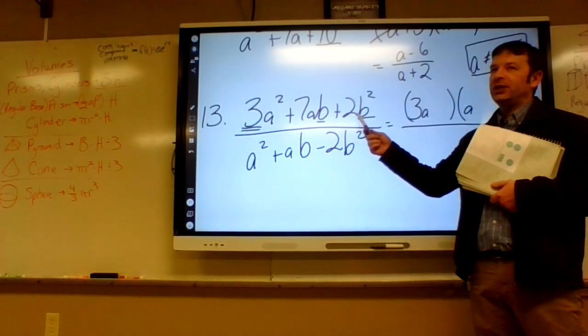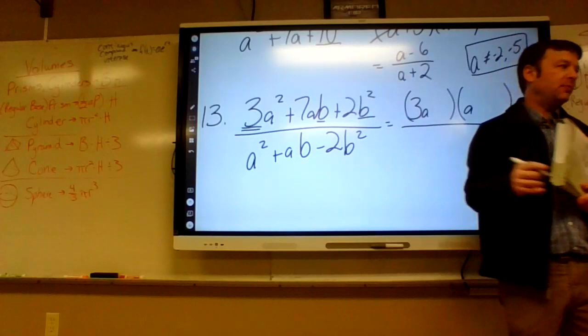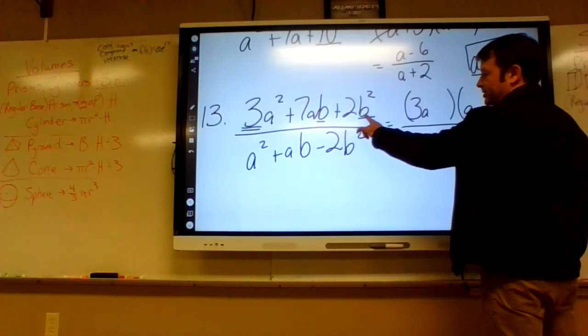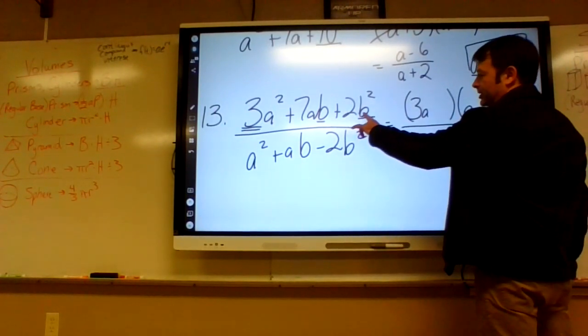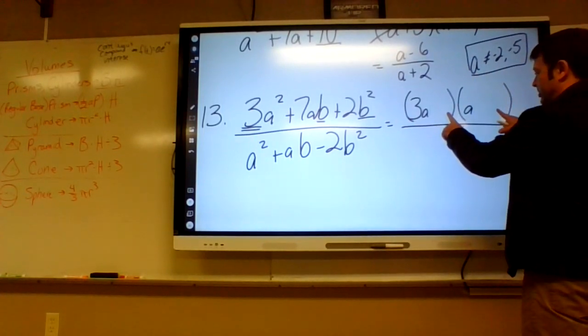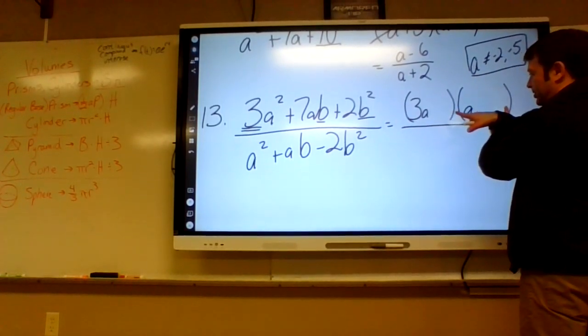So what can go into 2? We'll start with that. What can multiply into 2? 2 and 1, right? Instead of just putting 2 and 1 though, because there's a b squared here, I have to put 2b and 1b. Now, do I put the 2b here and the 1b here, or the 1b there and the 2b there?